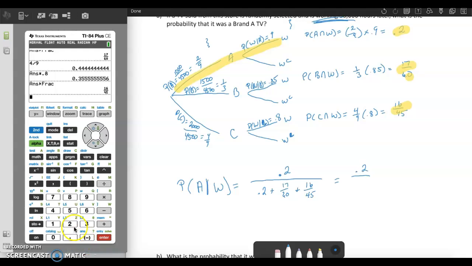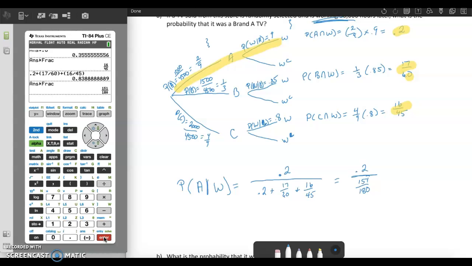Now what do we get if we add together 0.2 plus 17 divided by 60 plus 16 divided by 45? I'm going to turn that into a fraction to keep it not rounded. So 151 out of 180 is what that comes out as.